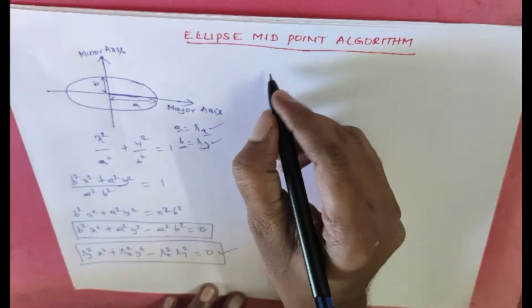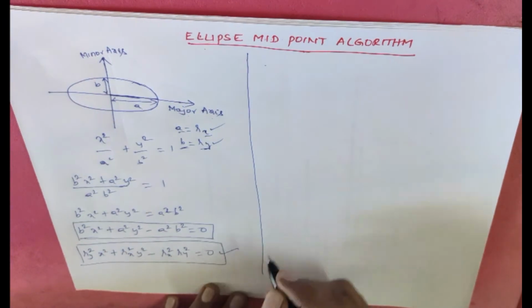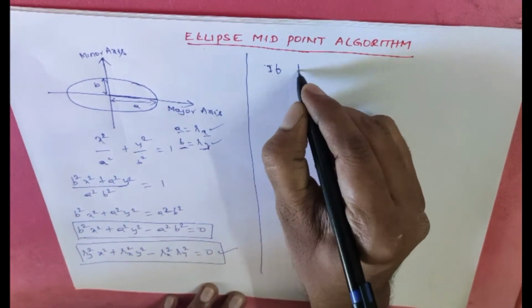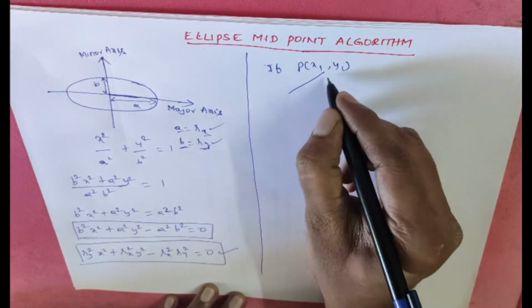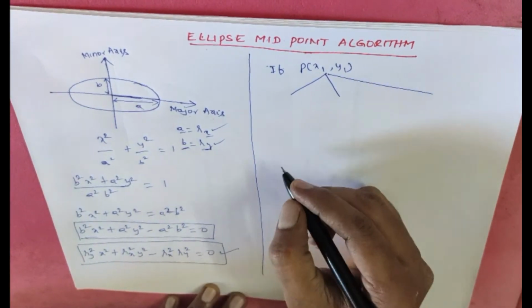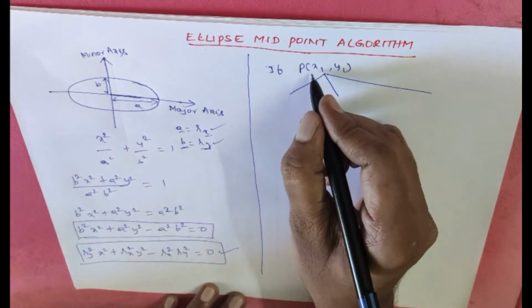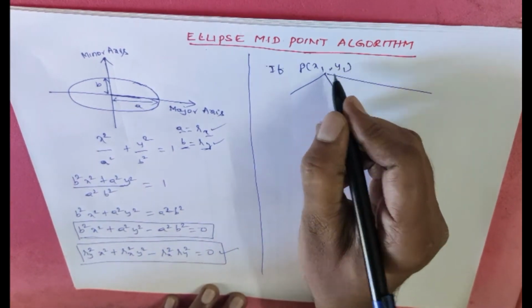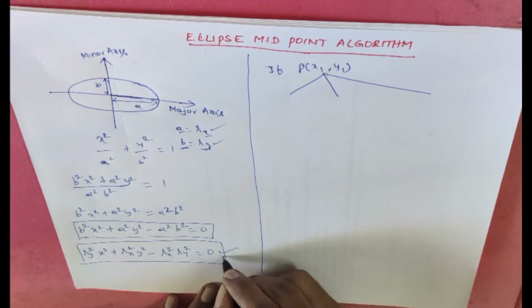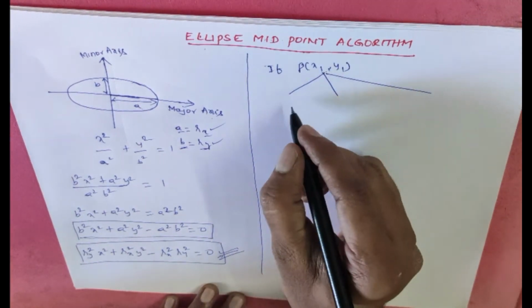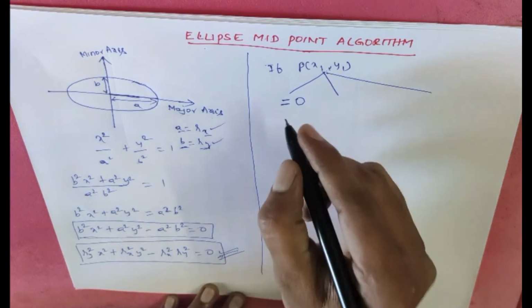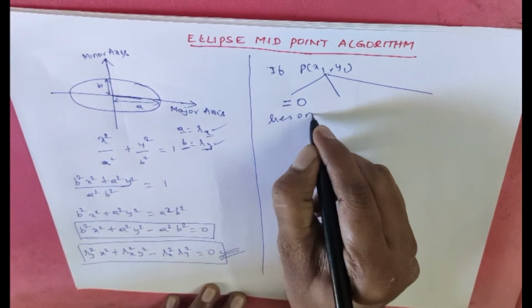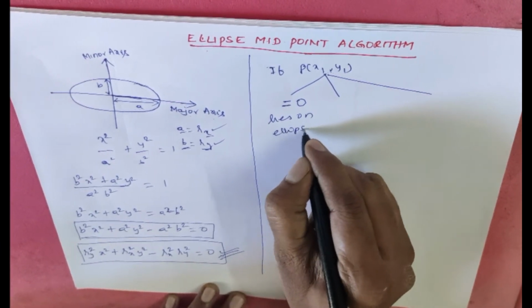Now, if I have a point P, suppose (x1, y1), I need to determine where this point is going to lie. I have three options. I substitute the values of this point in this equation, and if I get a value equal to 0, then the point lies on the ellipse.